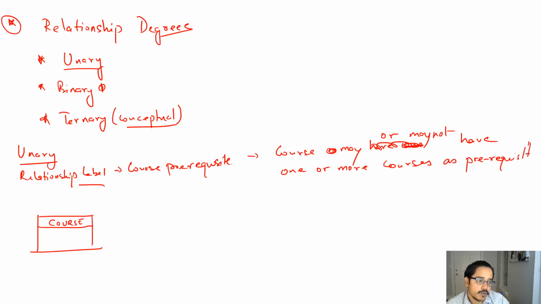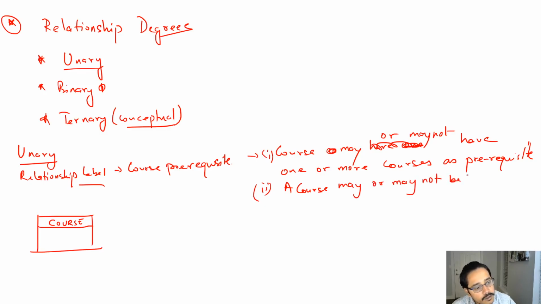Okay, so I just plugged in the cardinality as well, just for the sake of completion. And then in the other direction, we can say a course may or may not be the prerequisite to multiple courses.